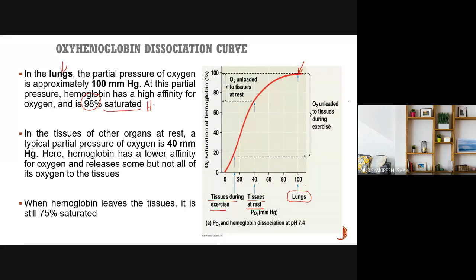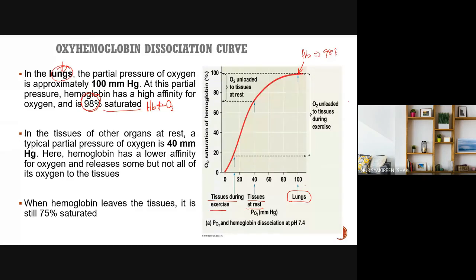So it means that the hemoglobin will bind with oxygen in the lung. Okay, so that's why the hemoglobin, when it reaches the lung, is 98% saturated with oxygen.